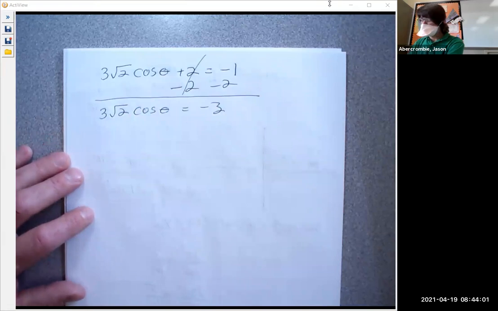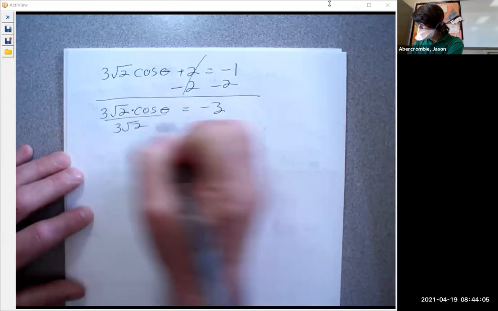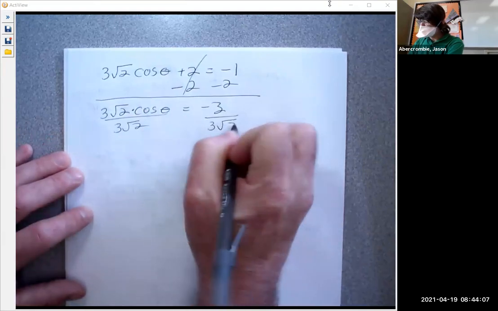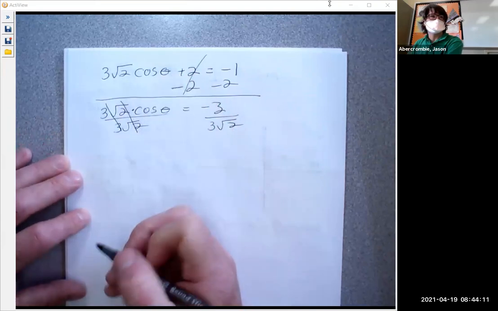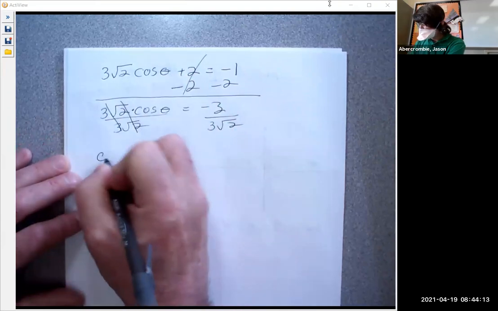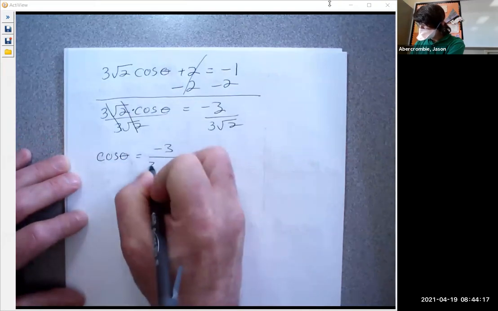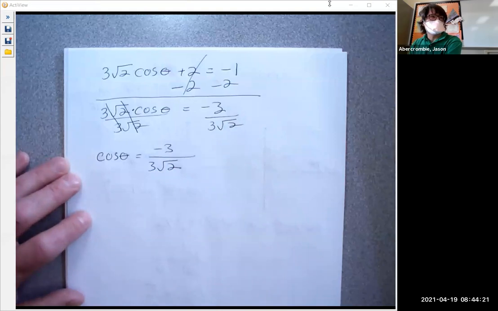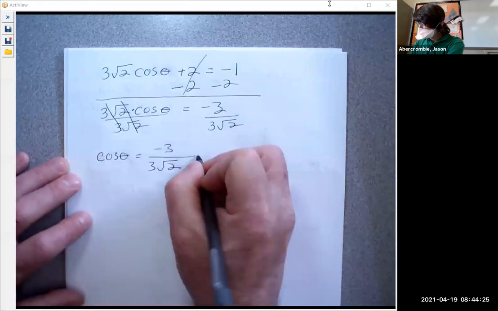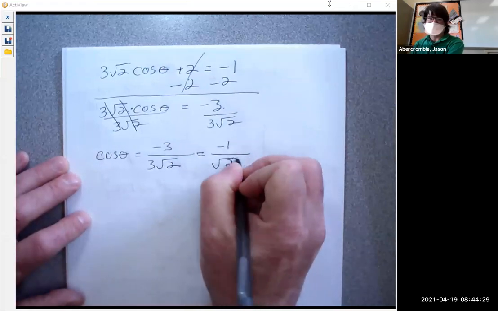And then to get cosine by itself, we're going to divide both sides by 3 roots of 2. The goal here right now is to get cosine by itself. So I'm going to divide by the 3, divide by the root 2. Those cancel out. And I get cosine theta is negative 3 over 3 root 2. And what can cancel out here? 3. Good. This is negative 1 over root 2, just like that.